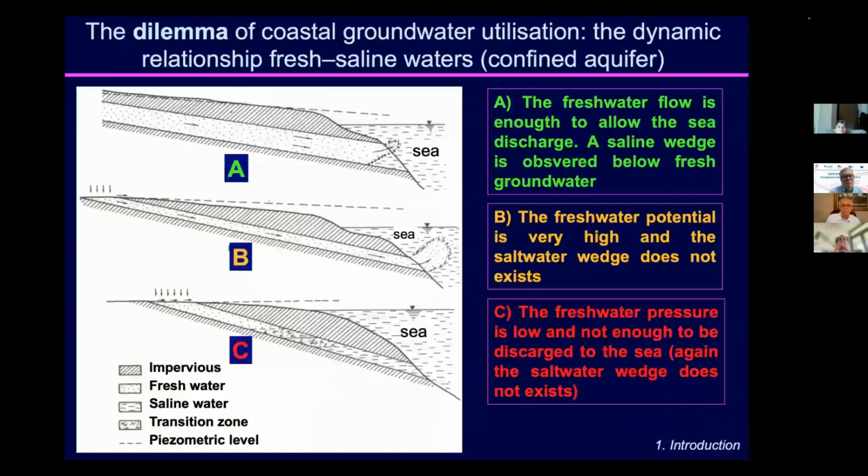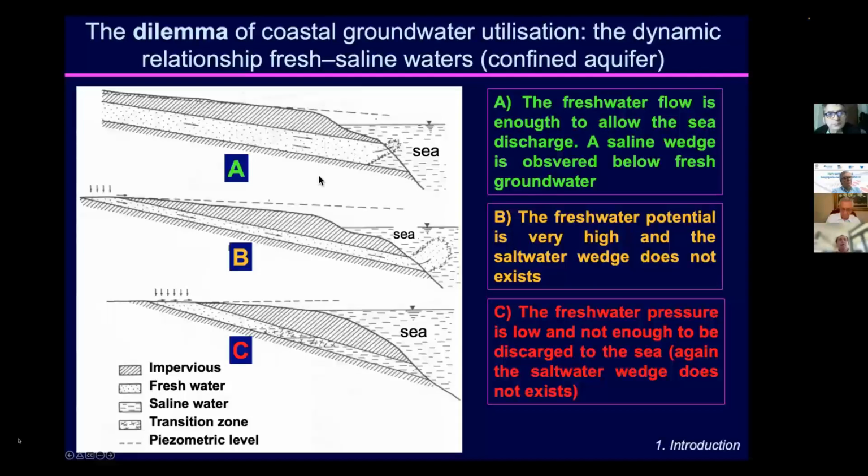In this case, the dilemma for the managers, for the people involved in solving problems, can be described through these three cases. Usually we consider seawater intrusion as creating a wedge of brackish or saline water below the fresh groundwater flowing into the sea.